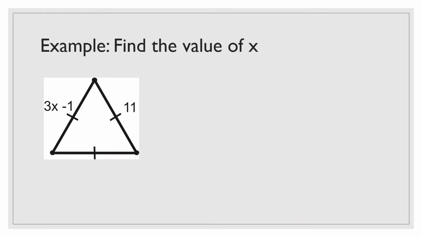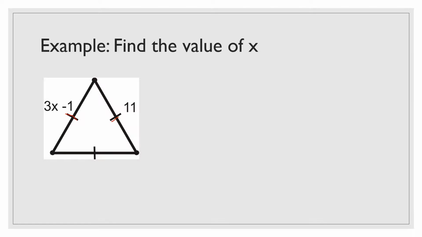Okay, so based on the definition of the equilateral triangle, let us solve for the value of x. Okay, sabi natin that all sides or the 3 sides of a triangle are congruent. So if we have on this side is 3x minus 1, sa kabila ay 11, so we will find the value of x.